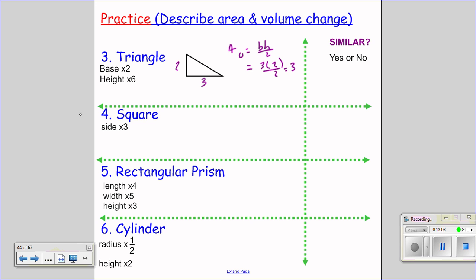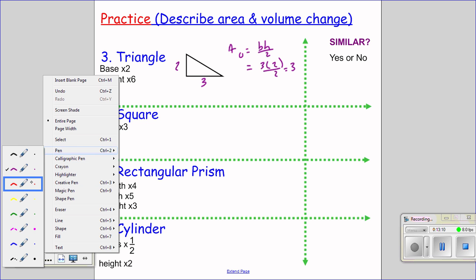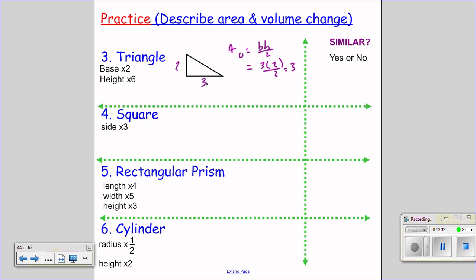That's my original. Now it wants us to multiply our base by 2, so this becomes 6, and our height by 6, this becomes 12. So let's find the area of the new. So that would be 6 times 12 over 2, which is essentially 6 times 6, so that's 36.